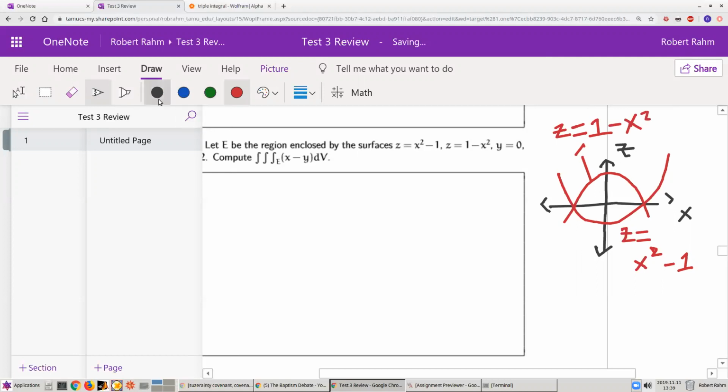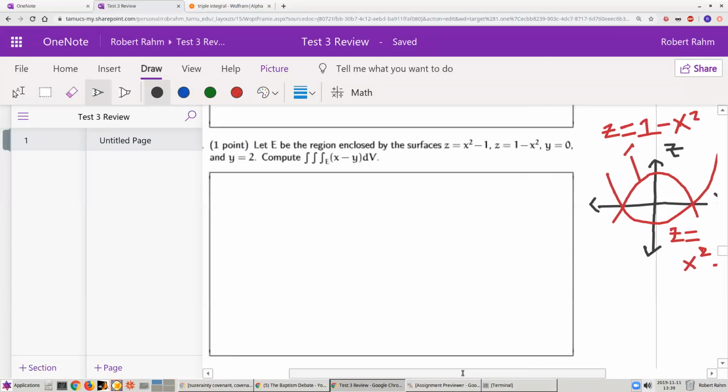Now the y integral is going to be on the inside, because y is going to go from 0 to 2. So we have the region bounded by the surfaces z equals x squared minus 1 and z equals 1 minus x squared. These are going to look like two cylinders, but instead of circular cylinders, they're parabolic cylinders, centered on the y-axis. And the planes y equals 0 and y equals 2 just take the section of that parabolic cylinder going from y equals 0 to y equals 2.